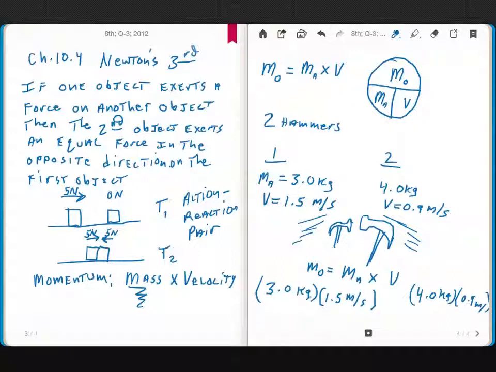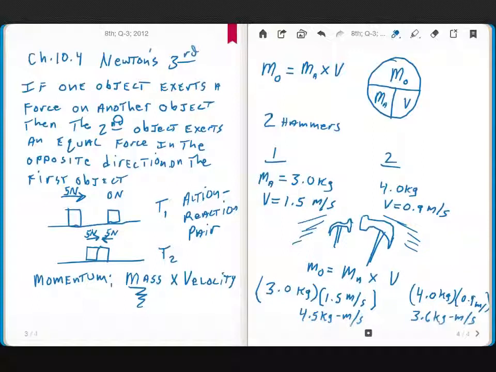Well, if I calculated this out, this smaller one would end up at 4.5 kilograms meters per second. Remember from yesterday that the unit of force is kilograms meters per second. The bigger sledgehammer, if I multiply these out, turns out to be 3.6 kilograms meters per second.